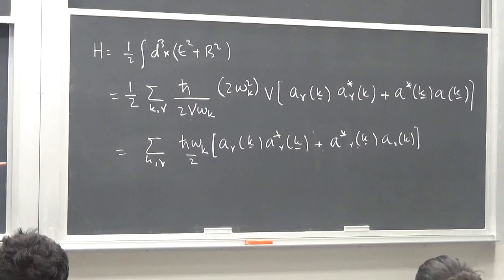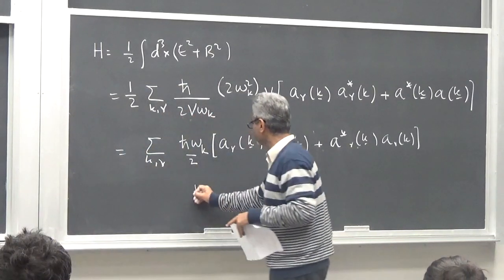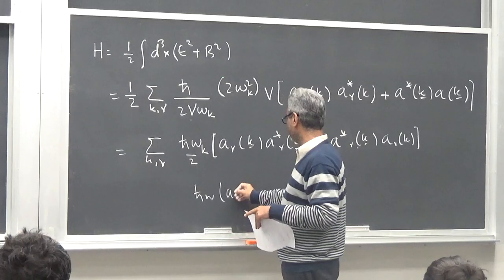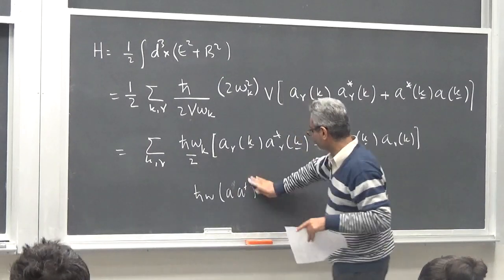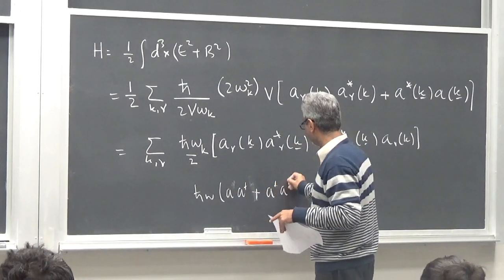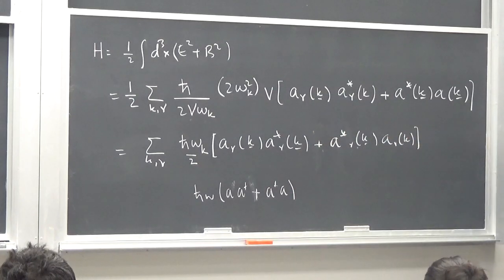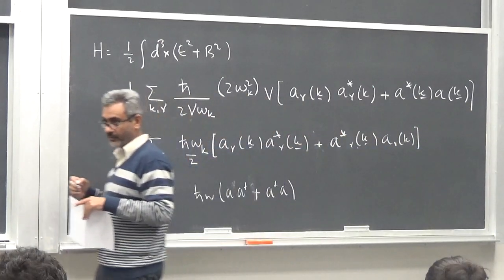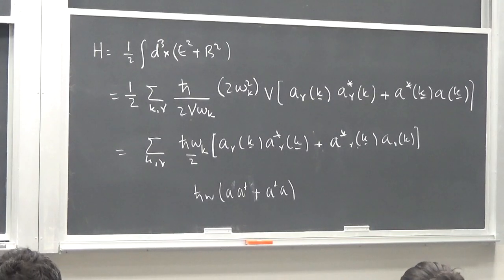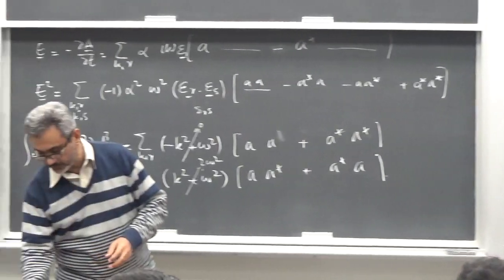If I just draw it like this, a dagger or whatever. So basically I should write it like this. That's why I don't want to add them up right now. But this reminds you of the simple harmonic oscillator. Of course, in the simple harmonic oscillator we have operators. Here these are just coefficients. Okay, so now comes the punchline.